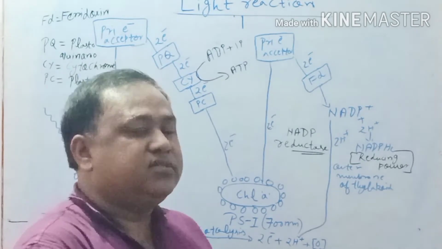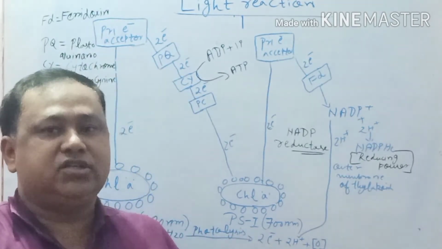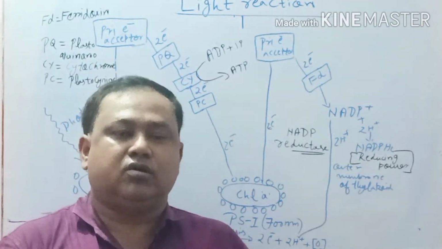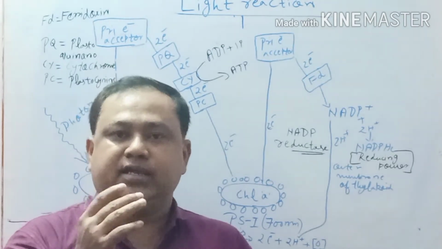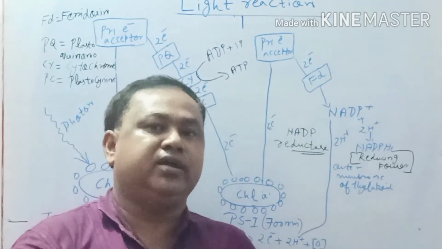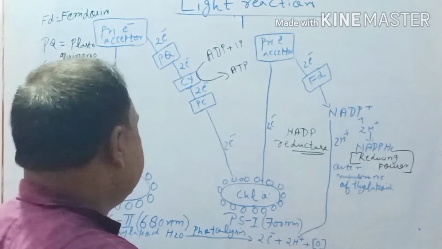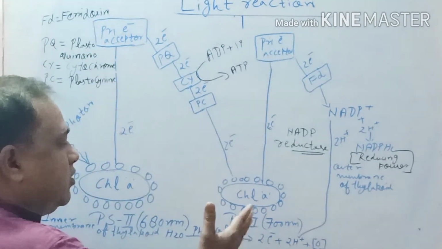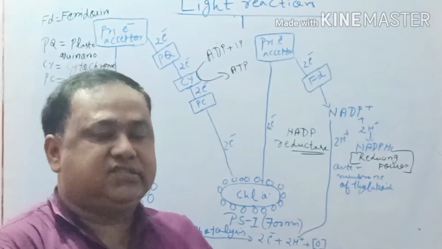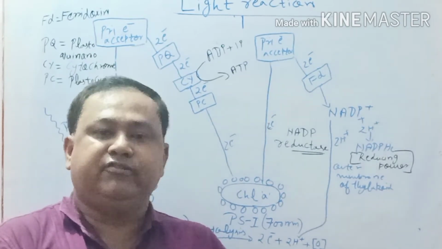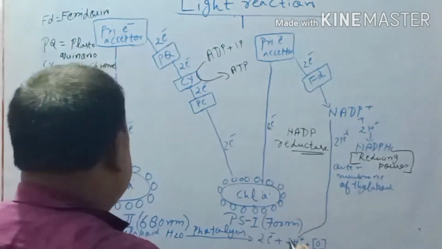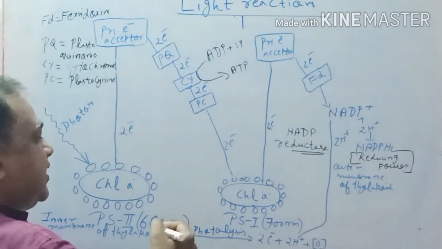The formation of reducing power, NADPH2, takes place at the outer membrane of the thylakoid, while the photolysis or splitting of water, where oxygen is released as a byproduct, takes place in the inner membrane of thylakoid.